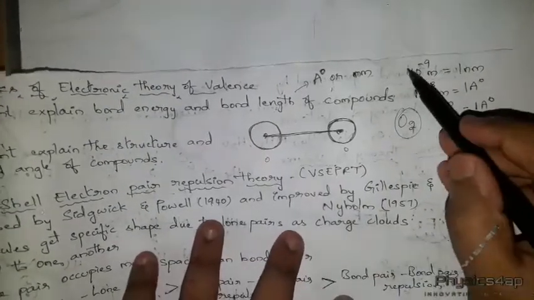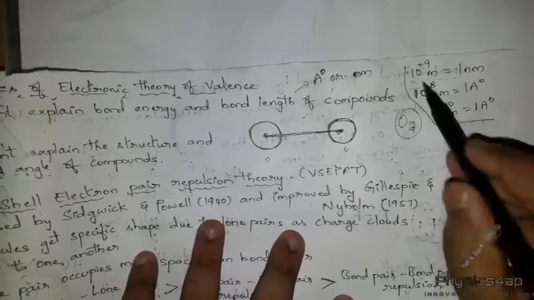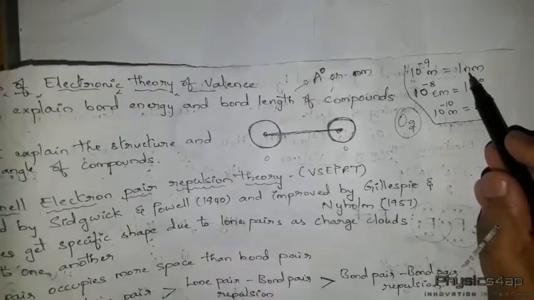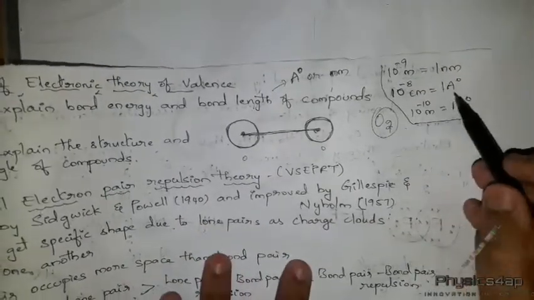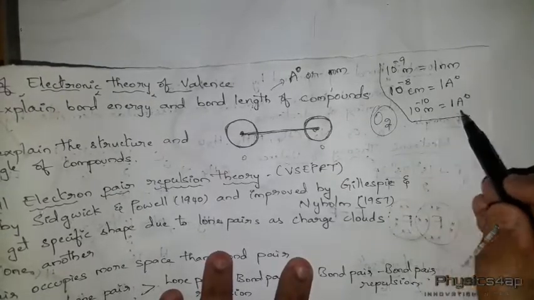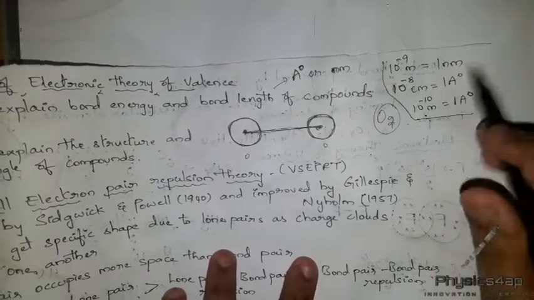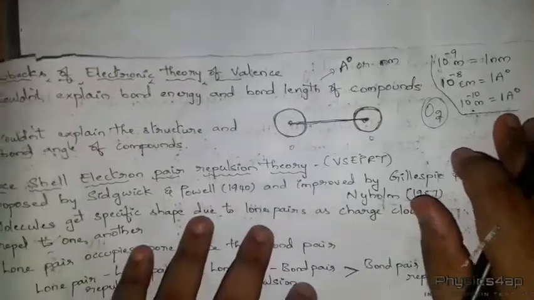This comes up in competitive examinations, like how many meters or centimeters make 1 angstrom, or how much is a nanometer.